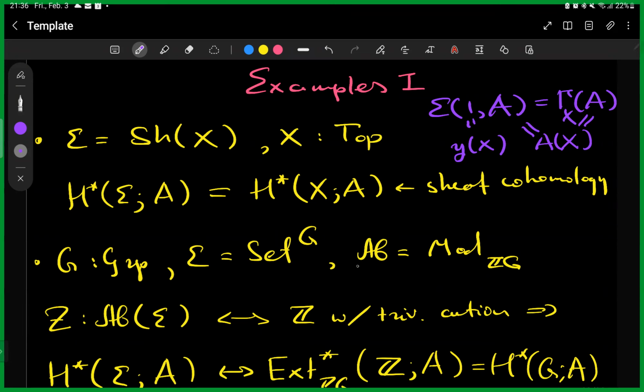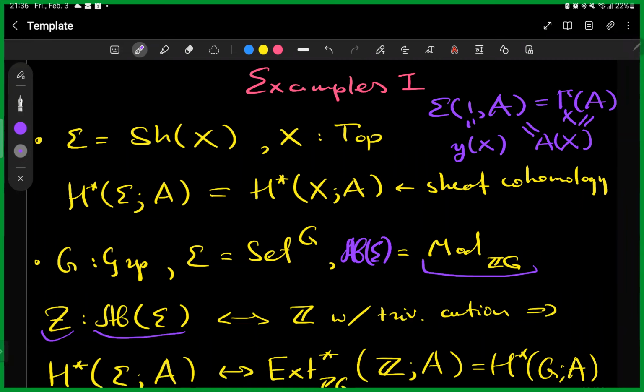Then the category of abelian group objects in E precisely corresponds to the category of right modules over the group ring of G. The object of integers in this category corresponds to ordinary integers with trivial G action.